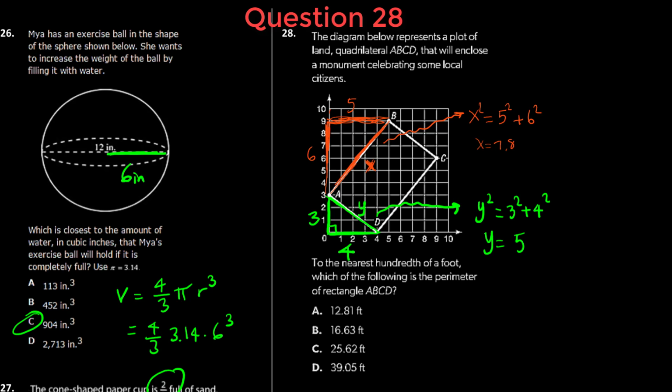We have 2 5s and 2 7.8s in the rectangle, so the perimeter is going to be the sum of all sides. And that's going to be about 25.6. I'll just choose my answer as C.